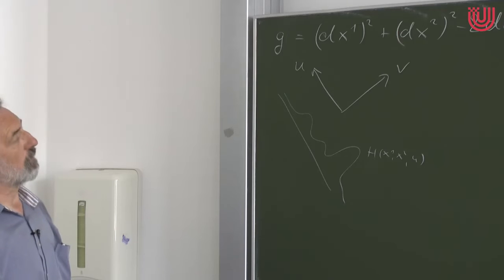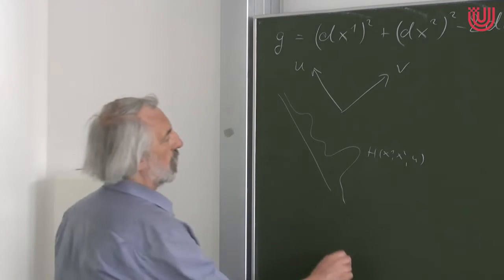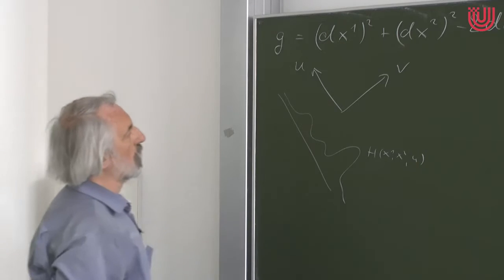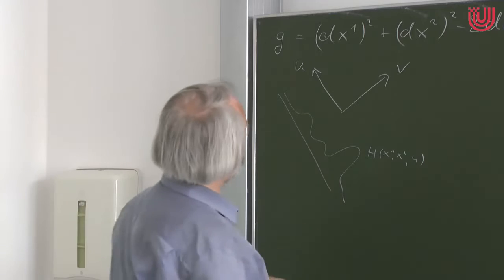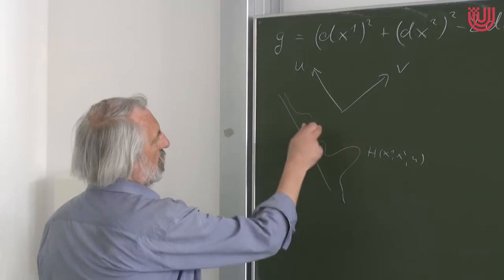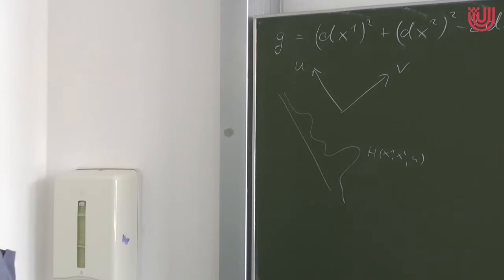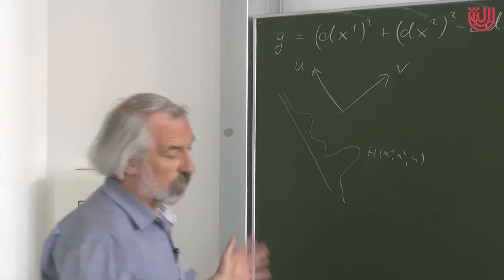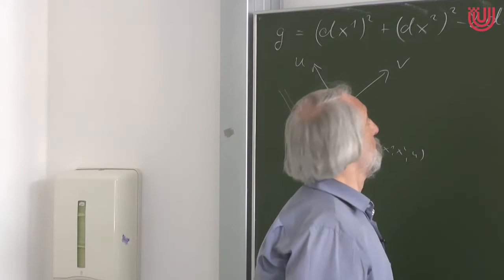Yeah? So if I'm standing at one particular point, so if this is my world line, then this wave sweeps over me, and then I see this profile as a function of time. So in this sense, u plays the role of a time coordinate. But d by du may be time-like or space-like depending on the sign of h.